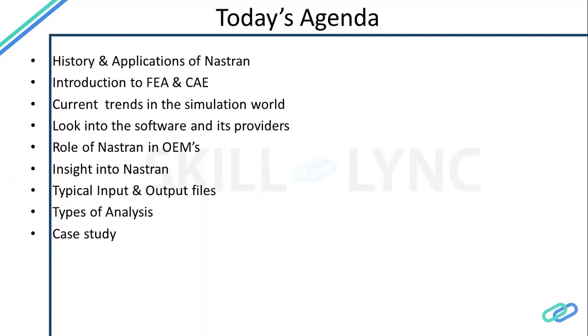Then we'll move on to types of analysis that we can do in Nastran, in the industries to analyze the products, and we'll discuss a case study also on this Nastran. Then finally we'll go into the job roles. So how you can get into the industry by learning this software Nastran.